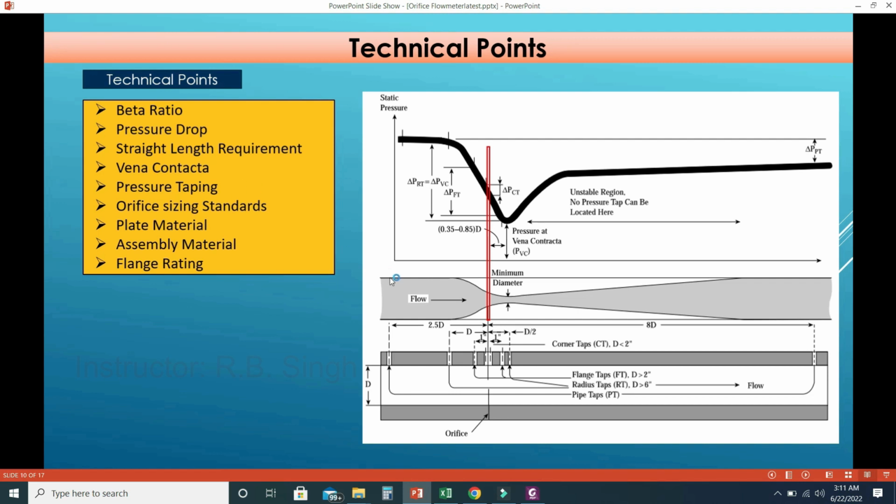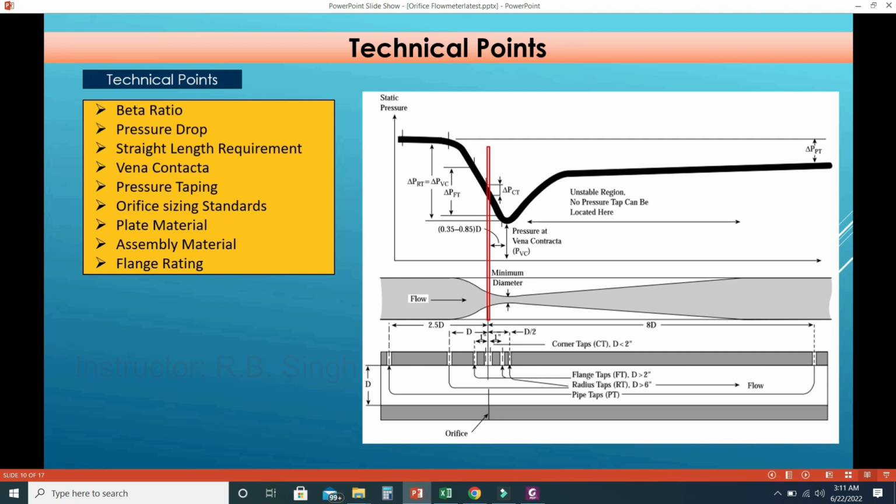Vena contracta. What is vena contracta? Vena contracta is the point at the downstream where the pressure is at its lowest and the velocity at its highest. This position is called vena contracta. Why is it important to us?